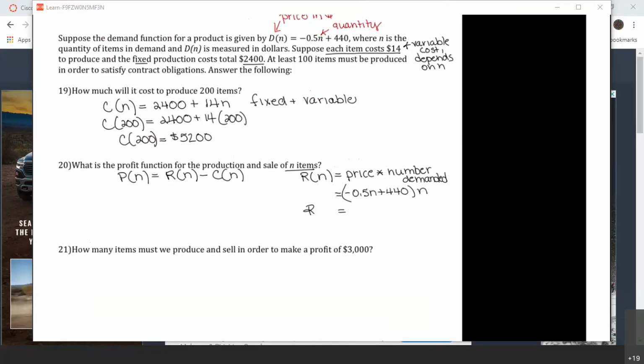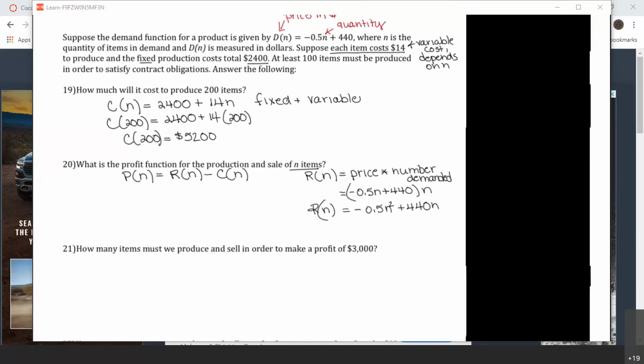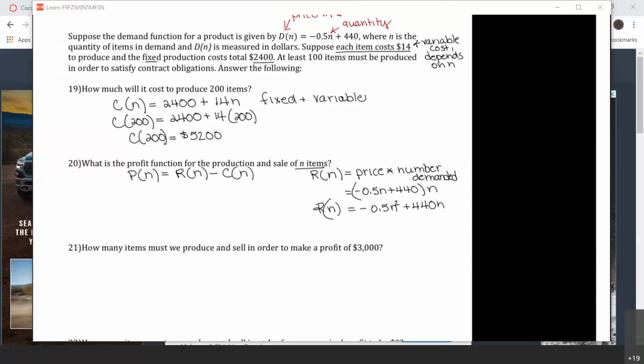So that means my revenue function is the same as my price function, except everything has one more of the variable in it. So this becomes negative 0.5 n squared, and this becomes 440n. Okay, so that's how you develop a revenue function when you're given a price and a demanded amount.